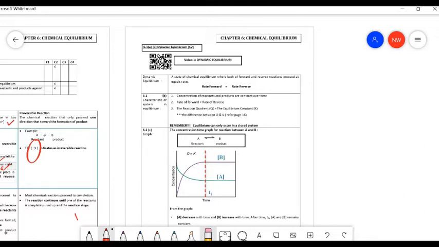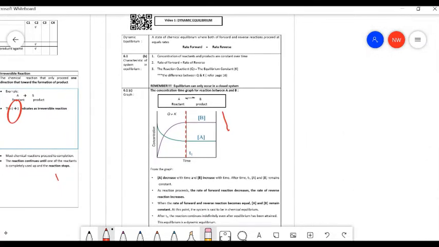Kalau kita tengok kita punya graf, I rasa I pernah tunjuk this graph sebelum ini masa kita belajar eksperimen eksperimen keberapa yang apply konsep Le Chatelier tu. I pernah cerita kepada you tentang reversible reaction, apakah reversible reaction, apakah irreversible reaction, apakah dynamic equilibrium. So kalau kita tengok dekat sini, kita ada concentration over time. Kita tengok kita punya reactant adalah A, produk kita adalah B. As you can see here, concentration of the reactant akan decrease over time.